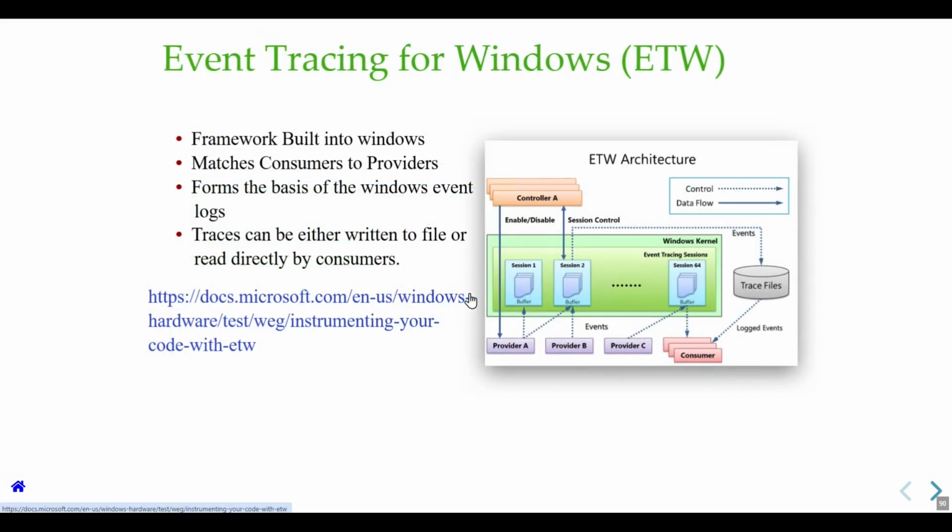Okay, so let's talk about Event Tracing for Windows, ETW. ETW is actually a really clever architecture in Windows to allow us to get some tracing information, so be able to collect a lot of logs inside software.